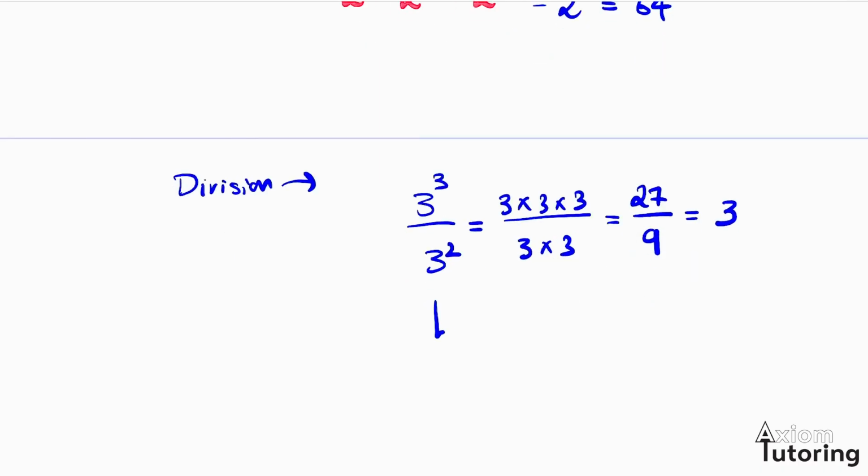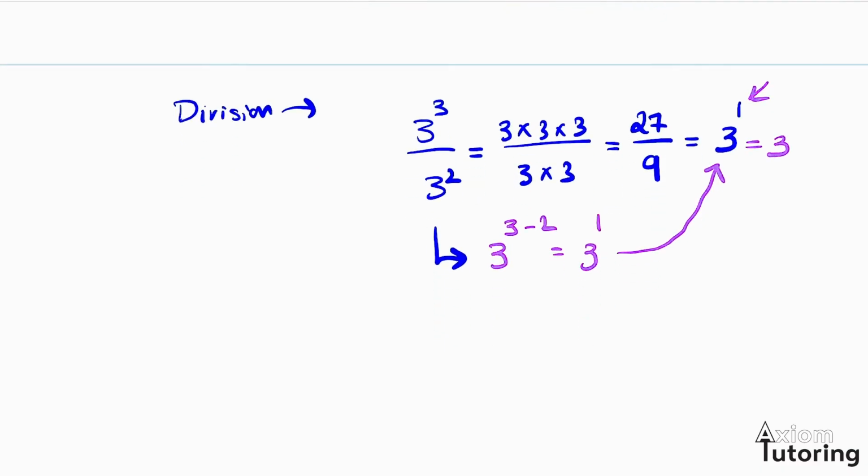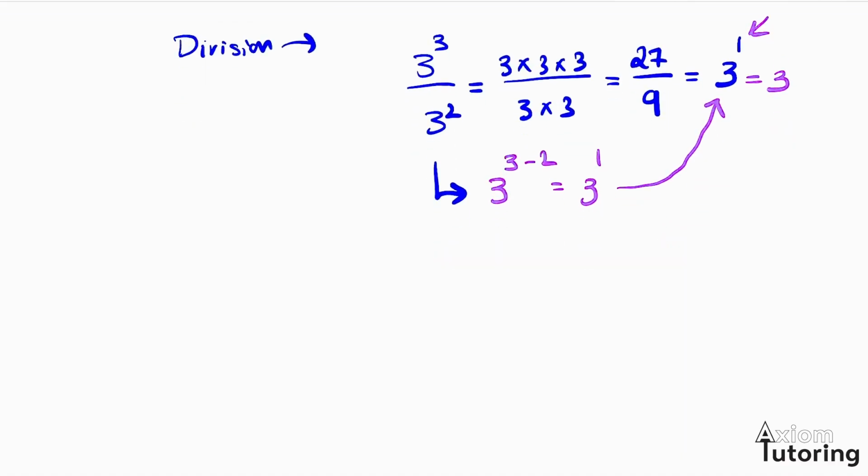Well, 3 is the same as 3 to the 1, because when you subtract the powers, that's what we get. When you divide, we do 3 to the 3 minus 2, which is 3 to the 1, which is just equal to 3. That gives us 2 new rules.